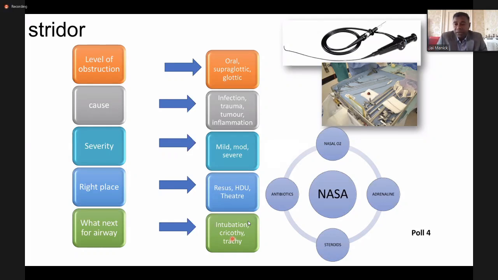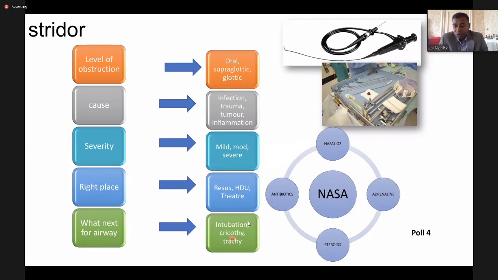Do you have a skillful anesthetist who is able to intubate, or if there is a failure to intubate, whether we have the expertise or skills to do cricothyroidotomy or tracheostomy for securing a definitive airway? These are the things worth considering when managing a neck trauma patient.